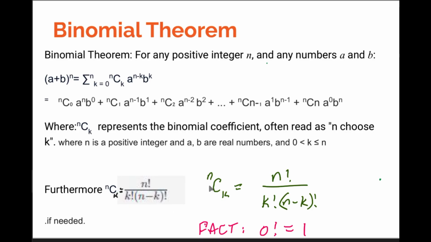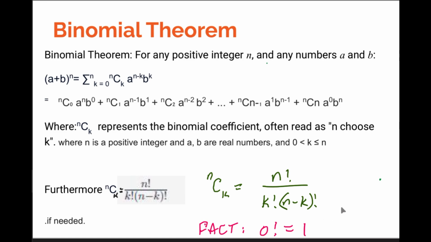The good thing is that your scientific calculators may be able to do this without having to go through putting it in this equation. But we're going to show you both ways anyway. Now, a fact that you need to know is that 0 factorial is equal to 1. Right? You just have to know that as a fact.